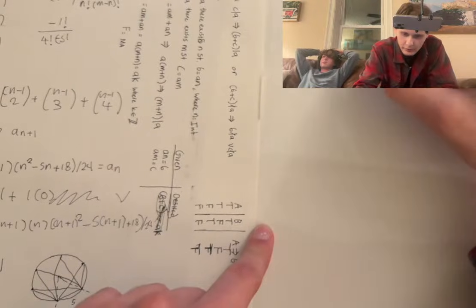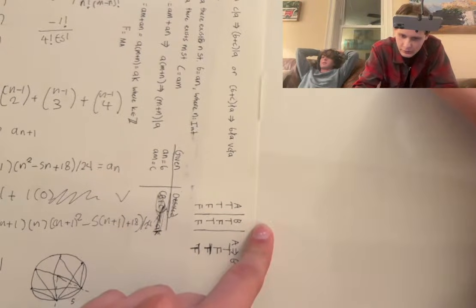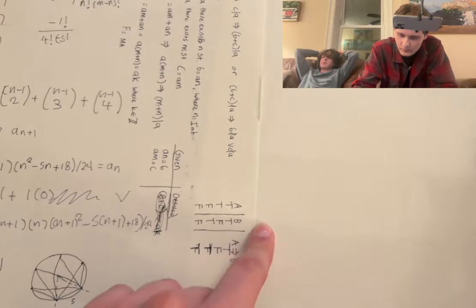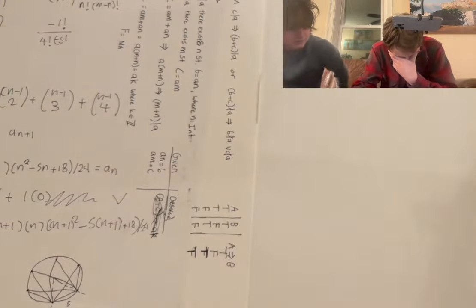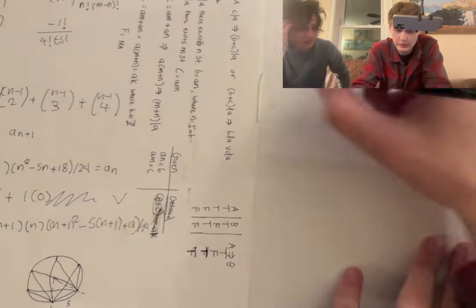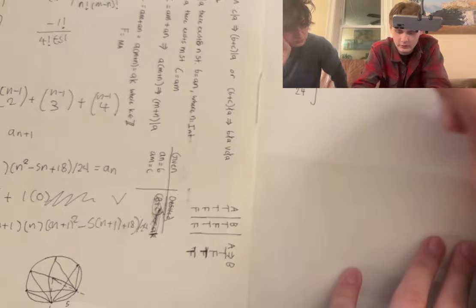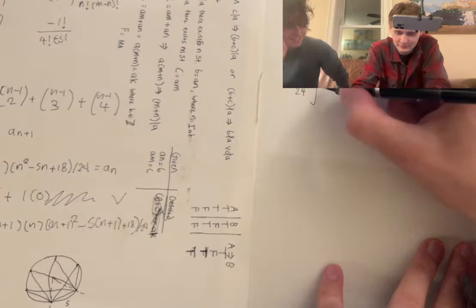N to the 4th minus 5n cubed plus 18n squared minus n cubed plus 5n squared minus 18n. I guess we're just distributing over 24 now? No, we're going to put that in front because I don't deal with that. There's no way you're actually going to integrate this.